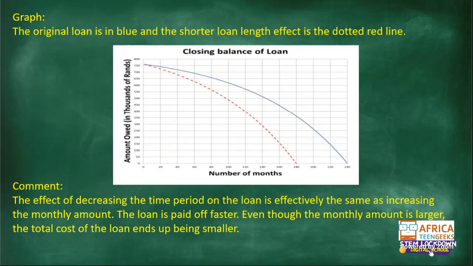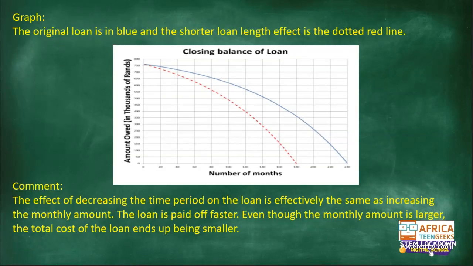But the effect is as follows, that the effect of decreasing the time period on the loan is effectively the same as increasing the monthly amount. Remember, if you decrease the time which it will take to pay your loan, you are increasing the monthly amount. So if your loan was supposed to run for a period of 20 years, you'll have to pay more once you decrease.